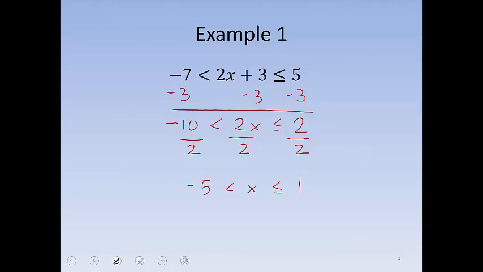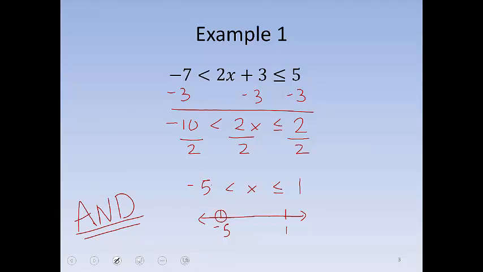Well, there's our inequality representation. Let's go ahead and put this on a number line. When I put a between statement on a number line, it's already giving me the 2 ends. It's telling me that from negative 5 up to positive 1, these are the places we're discussing. We are between those 2 values. Remember, it's a between statement, which is an and, which means it's an intersection, which means there's overlap.